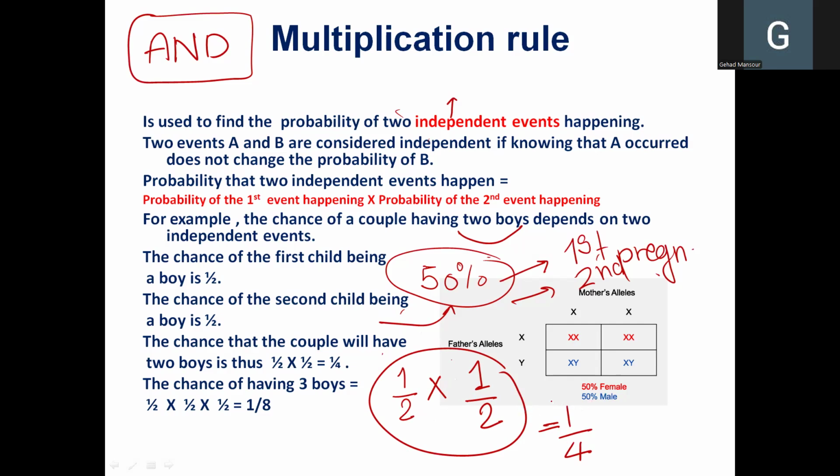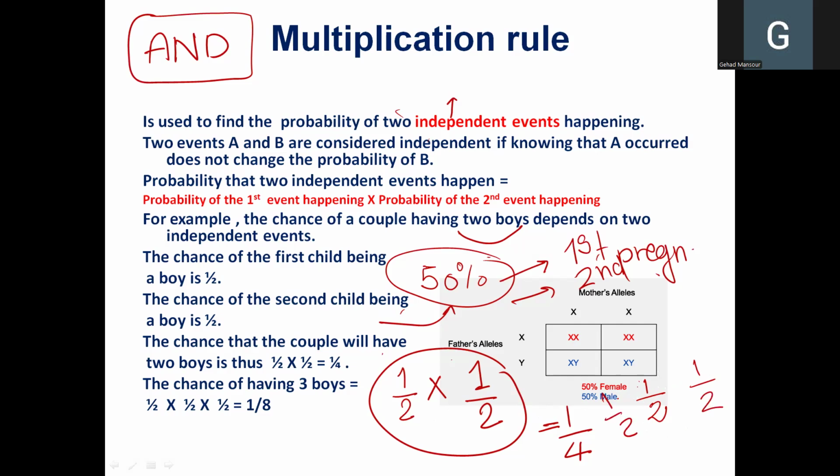If I want to restrict more and put 3 conditions instead of 2, the probability that in 3 pregnancies, whether they are sequential or not, the probability of getting a boy in one pregnancy is a half, in the other pregnancy it is another half, and in the third pregnancy another half.